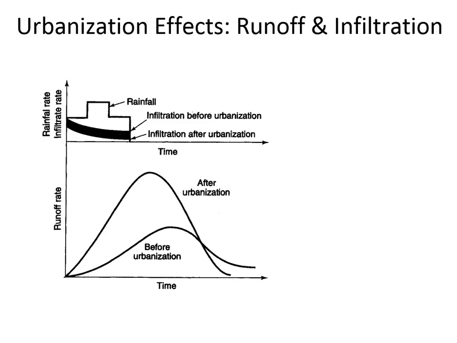And so there may be a cultivated crop that you'd think would infiltrate really well, and it probably infiltrates better than concrete, but it doesn't infiltrate as well as the natural grasses and trees that were there to begin with. And so the two main effects that you can compare before and after urbanization in a hydrograph is reduced time to peak and a higher peak flow rate.